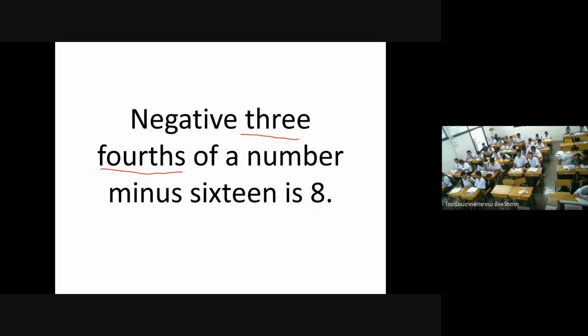What's the answer? Negative 3/4 of a number. Of a number. Anyone? Plus 1 point. Anyone? Yes, please.